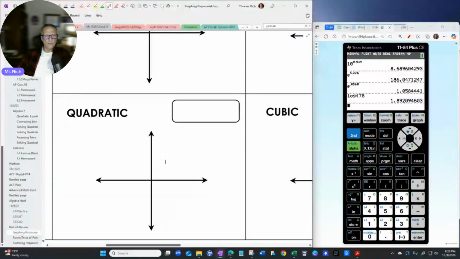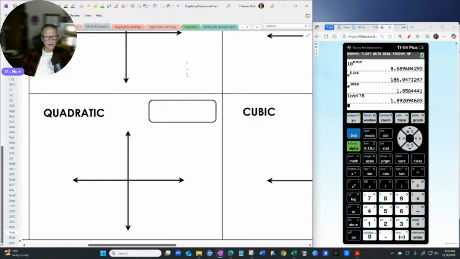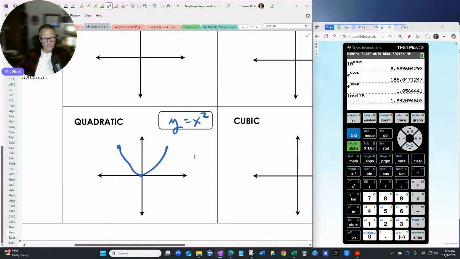One of the things that we know about quadratic functions, and we'll just use our parent function y equals x squared, is that it does have a vertex at the origin, and then it is going up to the right and up to the left, like that. And then we can transform that and move it left, right, up, and down, give it vertical stretches and so forth. But that is basically what the quadratic looks like.